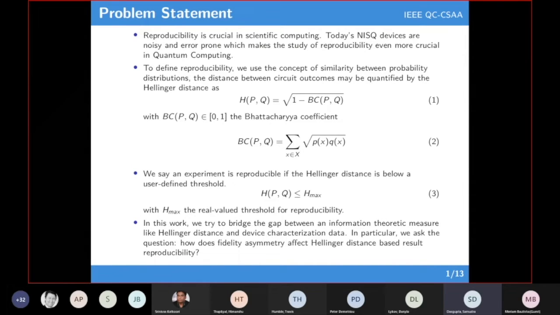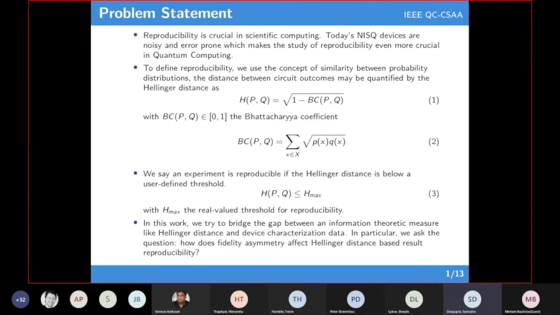And so the task boils down to the ability to compare two probability distributions, which in this slide I call P and Q. Now, there are many such options, but not all of them qualify as a true metric. We like Hellinger distance as it satisfies the triangle inequality and is fairly intuitive. It's a single number that quantifies the similarity between two probability distributions, which are the output of a quantum computer.